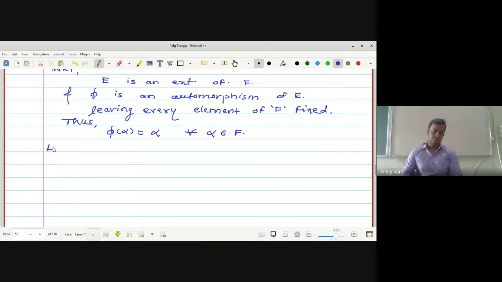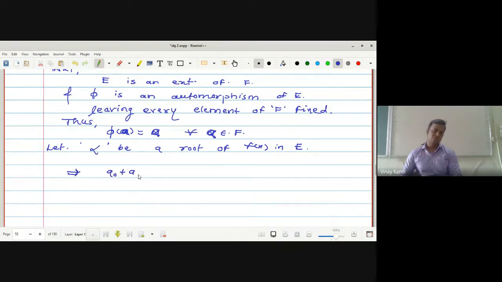Now let it be A here. Phi of A is equal to A for all A belonging to F. Now let alpha be a root of f of x in capital E. So this implies alpha satisfies the polynomial f of x. What is f of x?